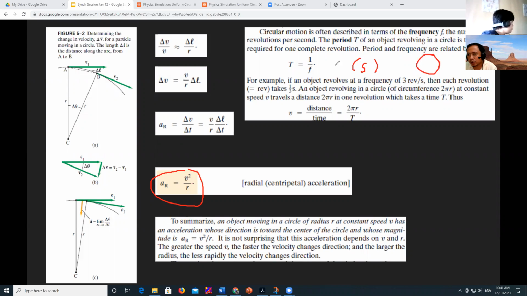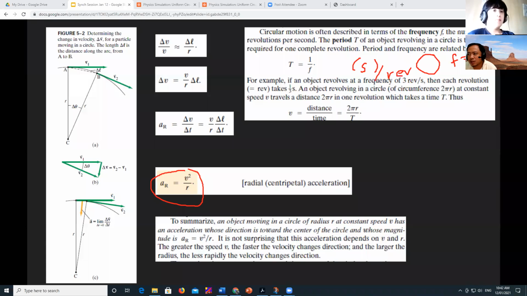So the unit of this is seconds per revolution, but the revolution is not a unit, so the unit of period is just seconds. And the reciprocal of it is 1 over f, the frequency. Frequency is the number of revolutions per unit time, for example one revolution per second.